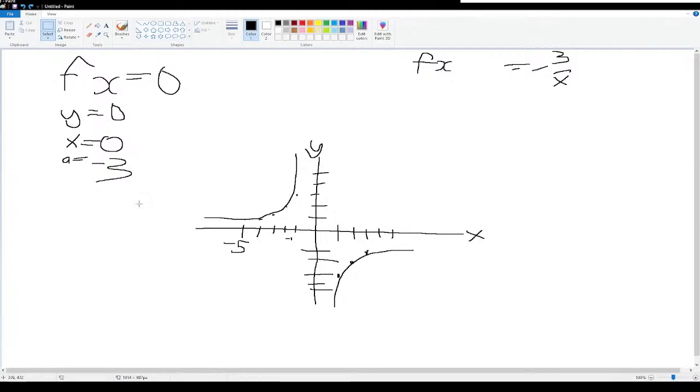And then all I'm going to have to do is put in a value here if I want to make a table for it. So just to quickly show you what the calculator does for me, it says f of this equals -3 over, and then it will put in a 1, so -3 over 1, that is just -3. So when x is 1, y is -3.